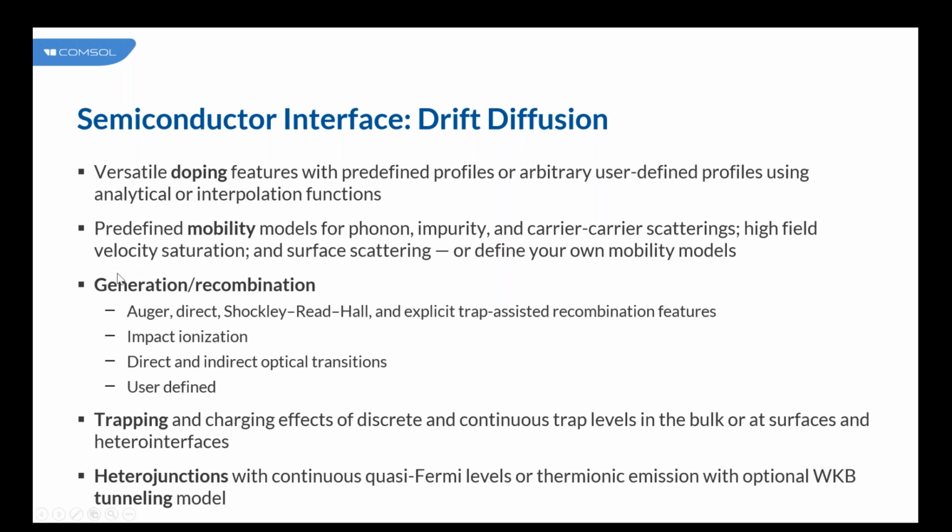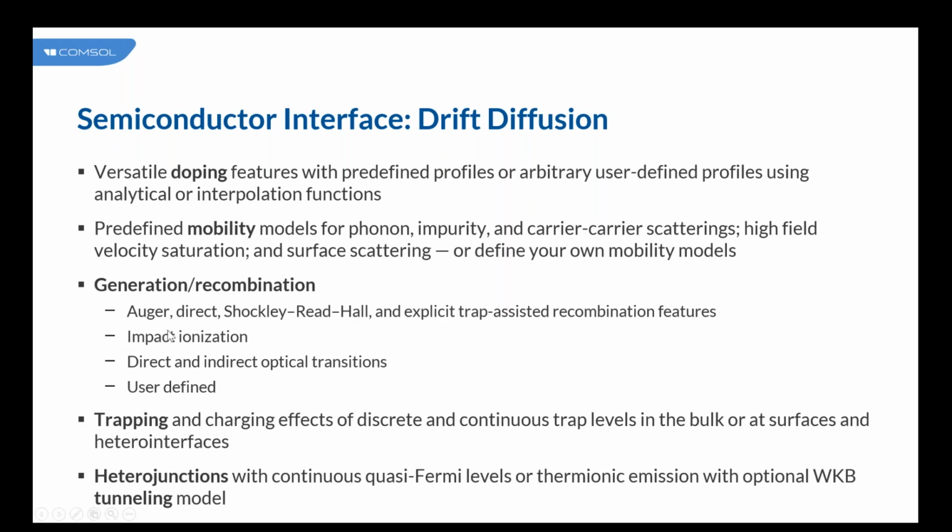And generation recombination, we have Auger recombination. It's one of the major non-radiative recombinations, and the direct recombination, as well as SRH trap and trap-assisted recombination. So those features you can use to represent your semiconductor conditions.